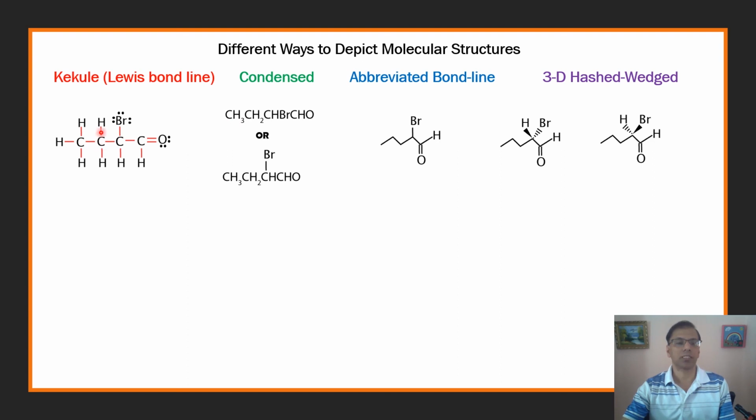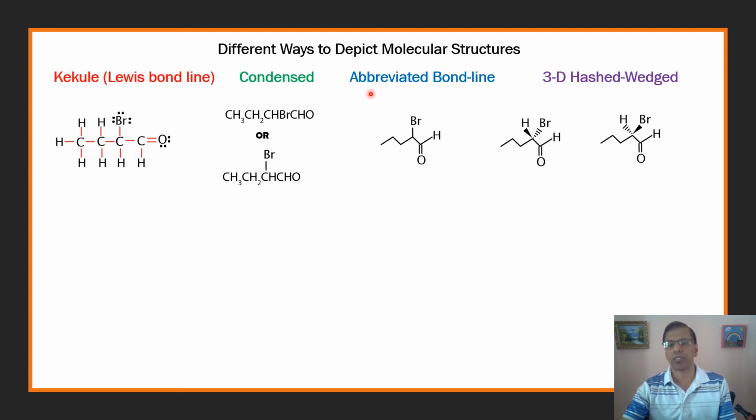This carbon is attached to 2 hydrogens, so you write CH2. This carbon is attached to hydrogen and bromine, so you write CHBr. Whereas this carbon is attached to hydrogen and an oxygen, and you write CHO. Alternatively, you can just make a bond right here next and put a Br there, and that's fine too. So that's called the condensed molecular structure.